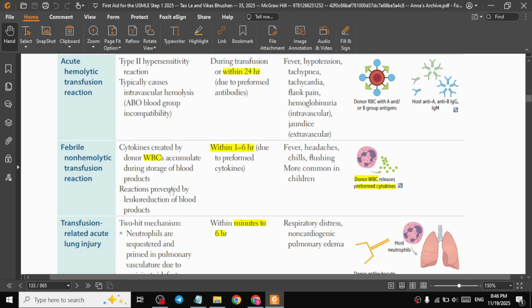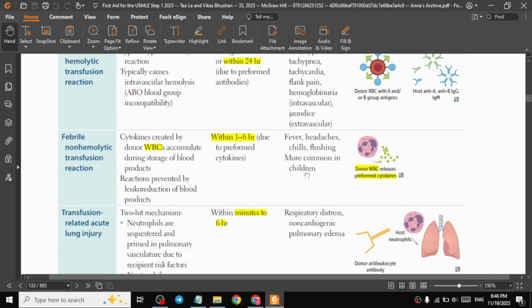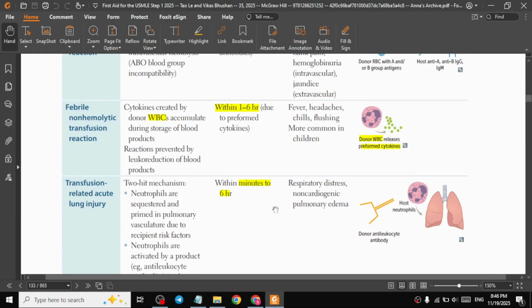And when you give it to the person, you're giving those toxins, those compounds from the degranulation, into the bloodstream of that patient, right? So it's going to happen within 1 to 6 hours. It's not too slow, not too quick, right? And it's going to cause massive amounts of fever, headache, some chills, and some flushing, right? You can expect that whenever you give someone a transfusion, right? It should go away on its own, okay?